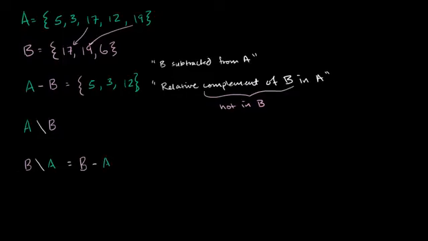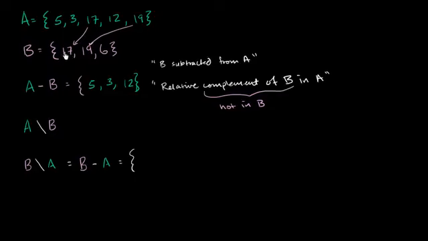What would this be equal to? Well, we could view this as all of the things in B with all of the things in A taken out of it. Or all of the things in the complement of A that happen to be in B. So let's think of it as the set B with all the things in A taken out of it.